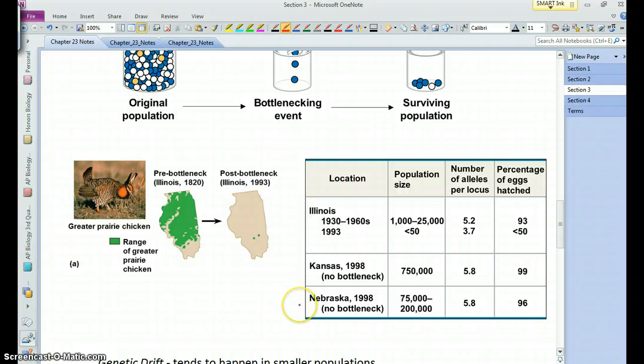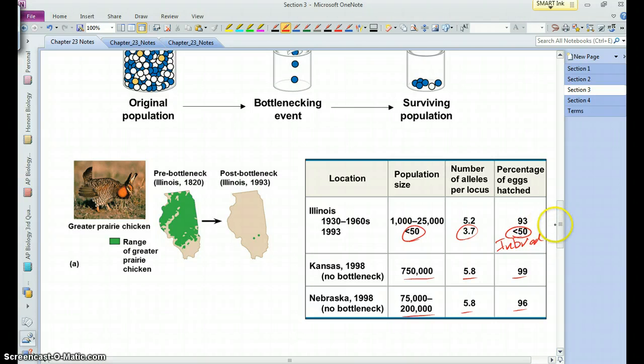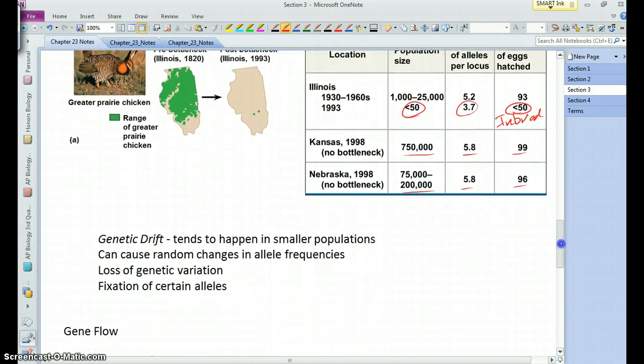Whereas if we look in Kansas and Nebraska, where there has been no bottleneck, their populations are quite large, they have greater diversity, and their success in hatching eggs is much higher because of that diversity. Essentially, a small population like this with that low diversity is also probably going to be a population that is significantly inbred, and that's going to have an impact on this reproductive success.